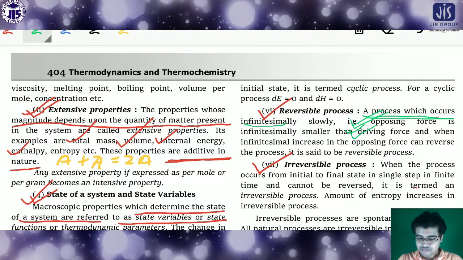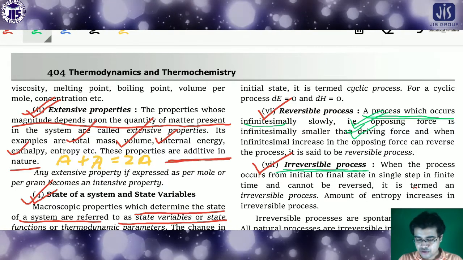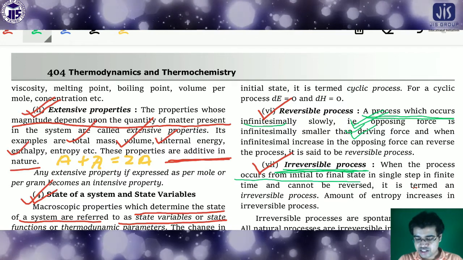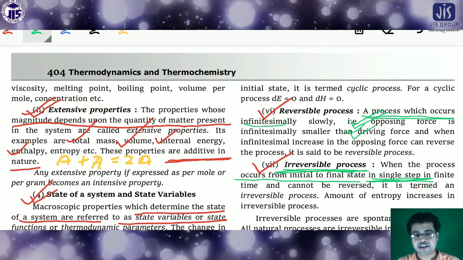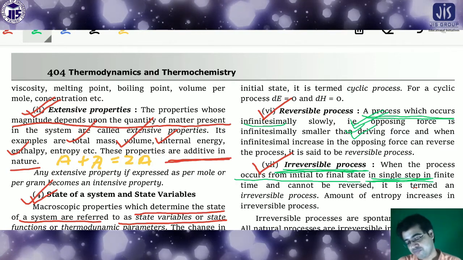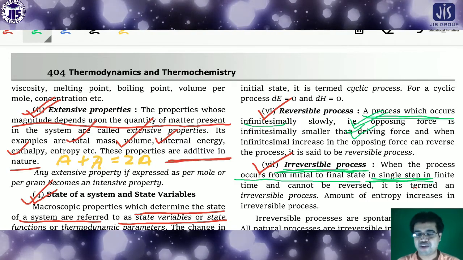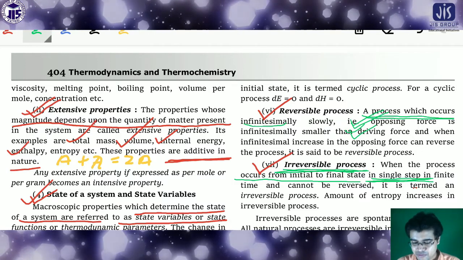Then the other is the irreversible process, just the opposite of the reversible process. That means when the process occurs from the initial to the final stage in a single step, with no multiple steps, a rapid process, moving very fast from initial to final stage, then this process is called the irreversible process.